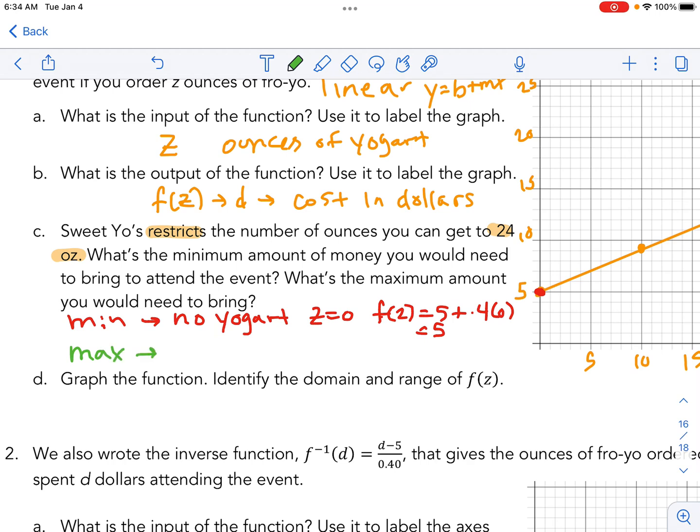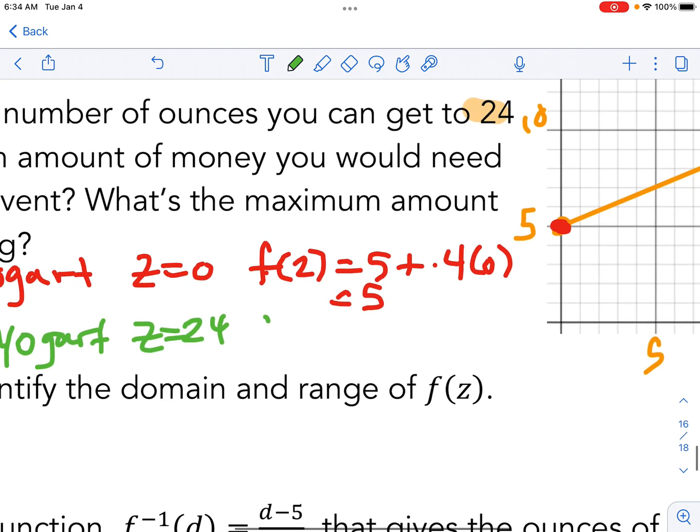And our maximum then is if we go in and we buy 24 ounces of yogurt. I think I'm spelling yogurt wrong. It's U-R-T, not A-R-T. Anyway, so that would be z equals 24. And so f of z is now 5 plus 0.4 times 24.